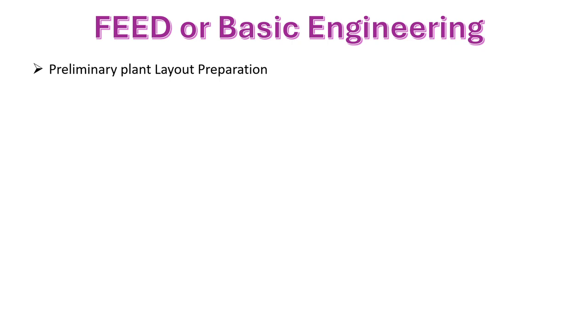I will give you an example: as per the guidelines, we have to keep at least a 6 meter clear peripheral road around the plants. Primary roads are 6 meters, and secondary roads are 4 meters wide.